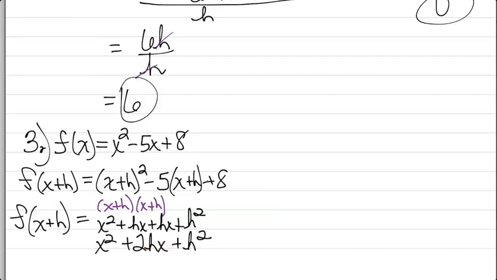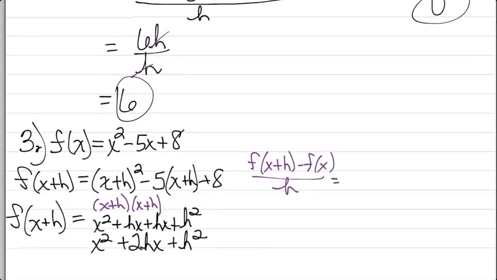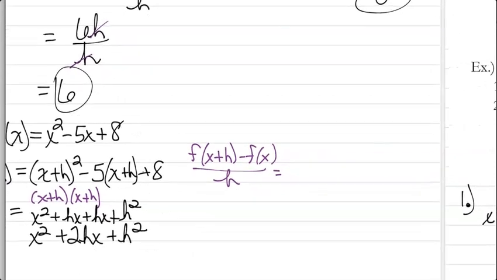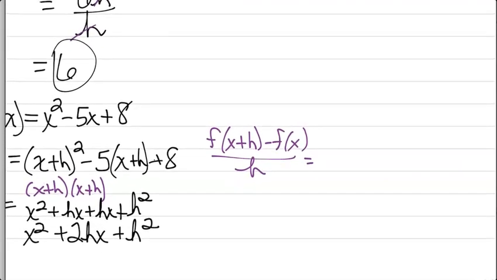Now I'm ready to use that difference quotient, f of x plus h minus f of x over h. So that f of x plus h part gives us x squared plus 2hx plus h squared. Oh, booger.